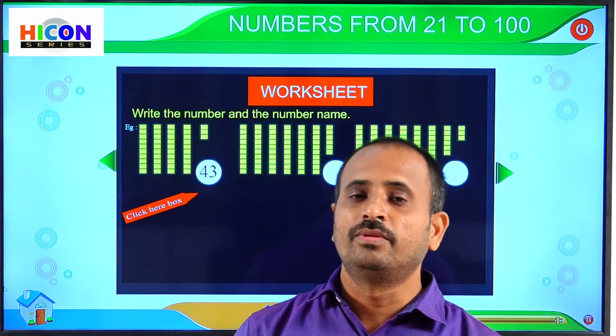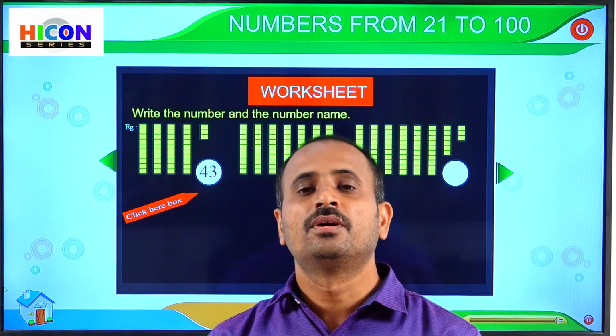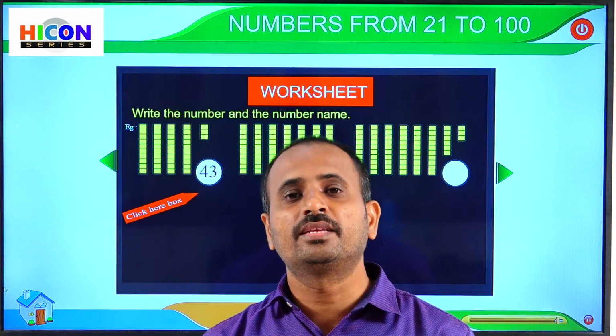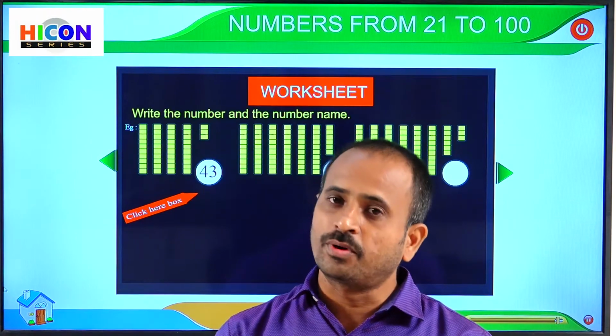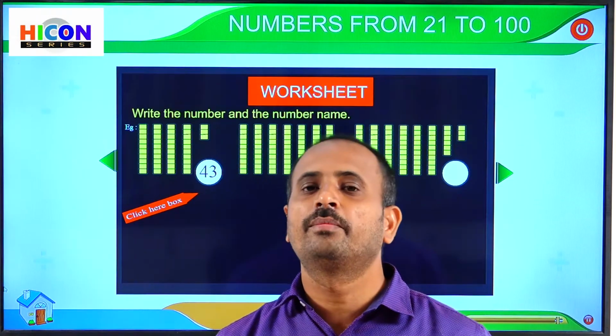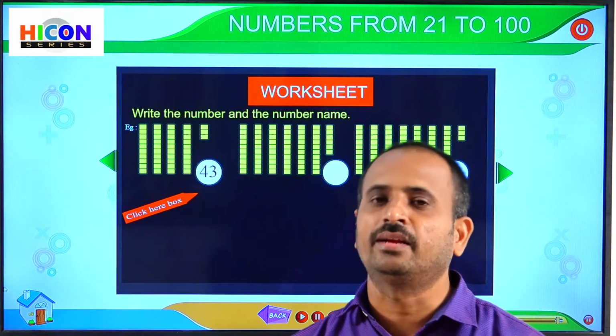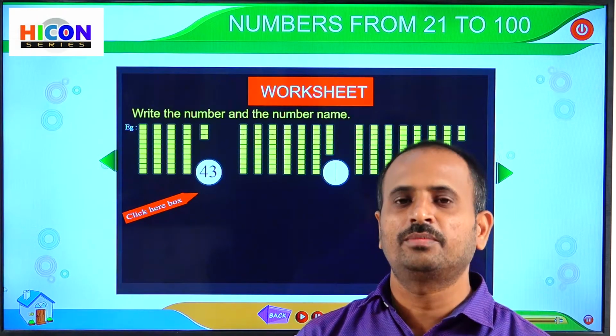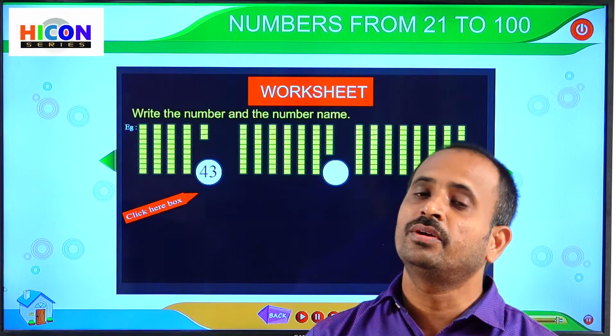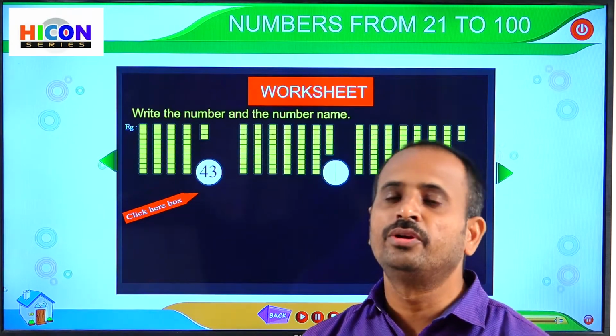And also we have practiced some problems on skip counting. That is skip counting by 2, skip counting by 3, skip counting by 5 and skip counting by 10. So this is our chapter and this is about the numbers from 21 to 100.